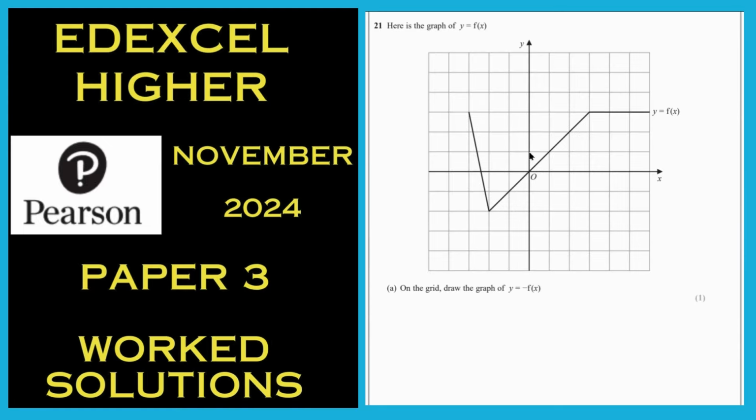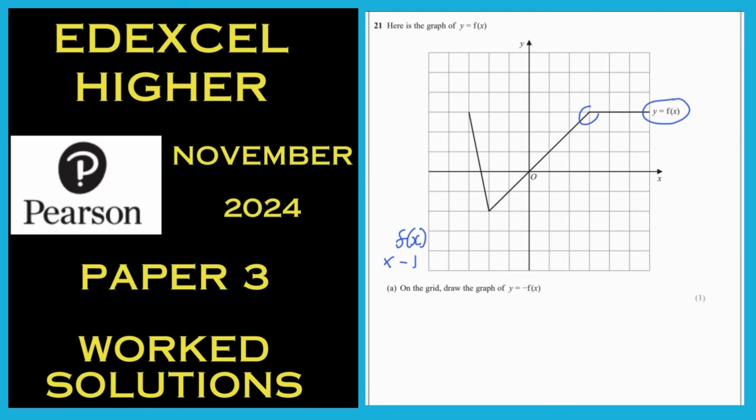21a. What you've got is an entire function that has been multiplied by -1. What that means is the outputs, the y's, all change signs.